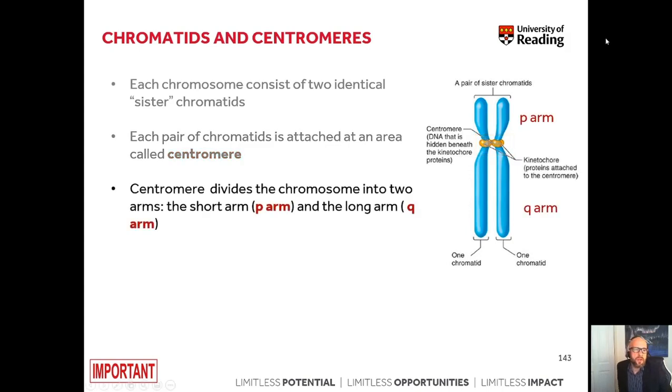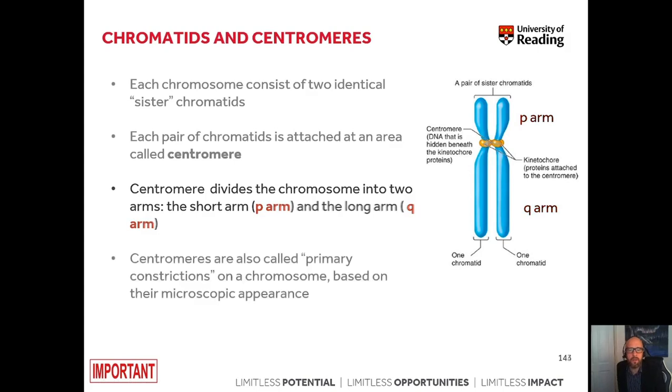Also, most chromosomes have one short arm and one long arm, and we refer to them as the P arm for the short one and the Q arm for the long one. And this is quite important for our future lecture dealing with mutations, so please keep this in mind.